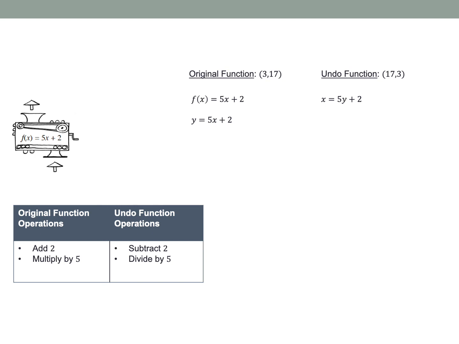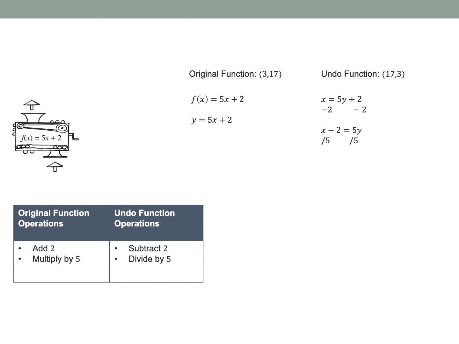To solve for y, we need to isolate y here. It's adding 2, so we first subtract 2, and then we get x minus 2 equals 5y. And then we still need to isolate y. It's multiplying by 5, so you need to divide by 5.